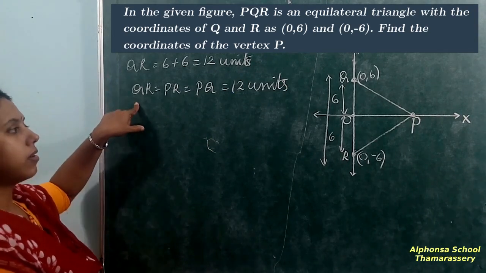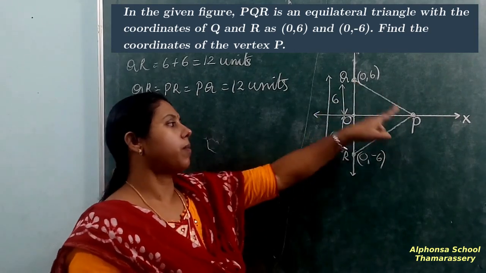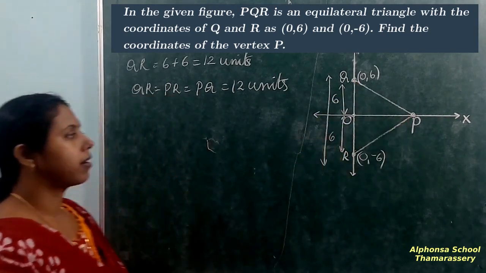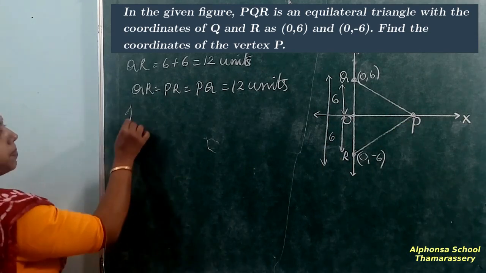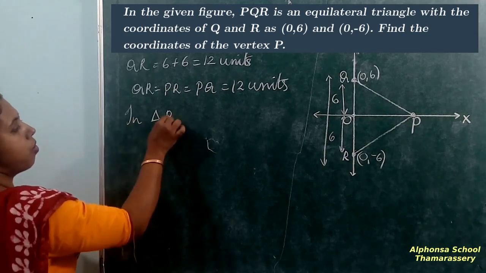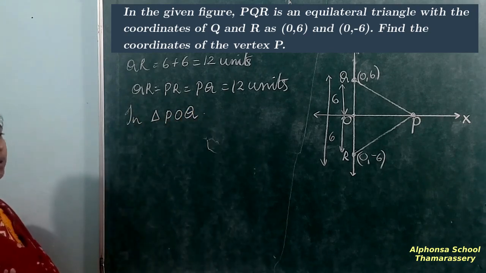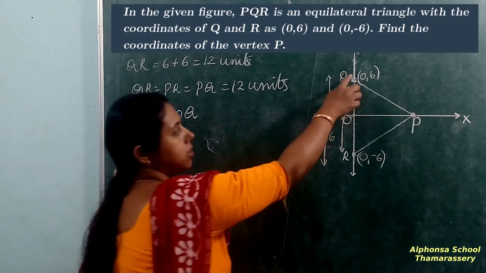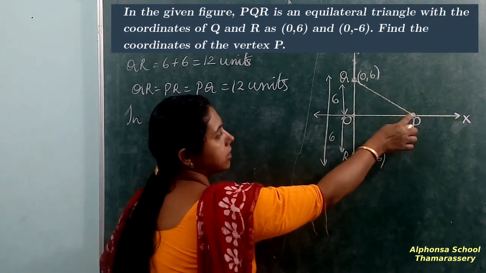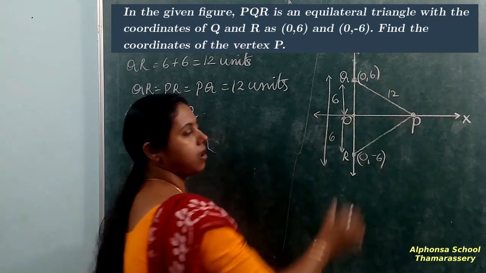Now consider the triangle POQ or POR, any one of the triangles. Triangle POQ. In triangle POQ, we know the length OQ and we know the length PQ. OQ is equal to 6 units, PQ is equal to 12 units. So we can find the length OP.